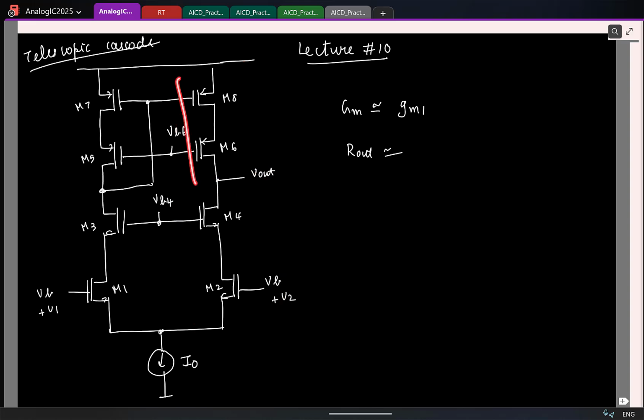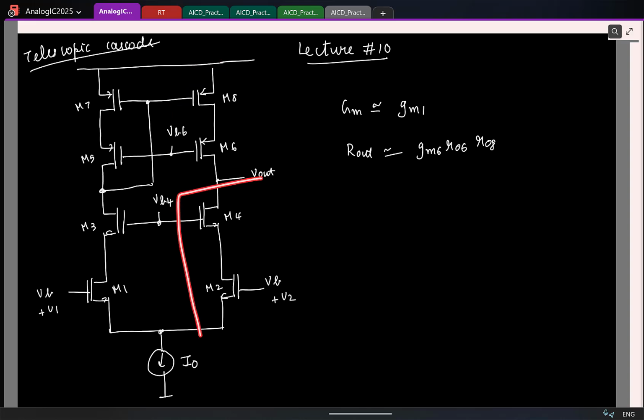So what is the resistance of this structure? If you didn't have this at all, what would be the resistance here? R0 of 8. Now we have an additional fellow here. What is the resistance now? GM6, R0 6 times R0 8. Remember, this is basically your cascode.